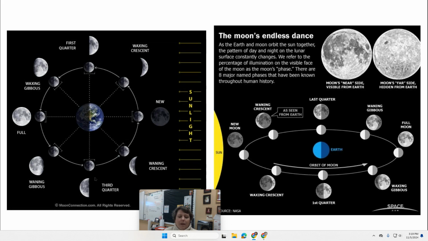Also, there is not a dark side of the moon. Okay, but the moon, all of the moon gets light, but there is a side that we don't ever see because the moon always faces us in the same direction.